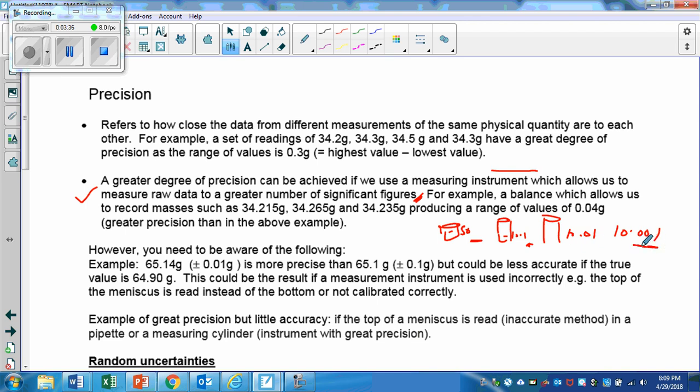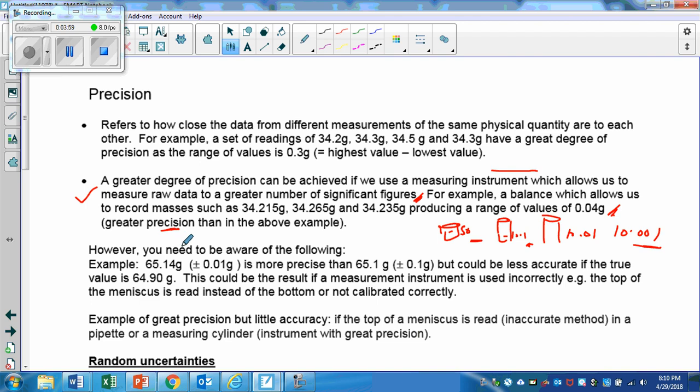So the bigger the significant figures are, the better the precision is. A balance which allows us to record the mass as 34.215 grams or 34.265 grams produces a range of values. It has a greater precision.